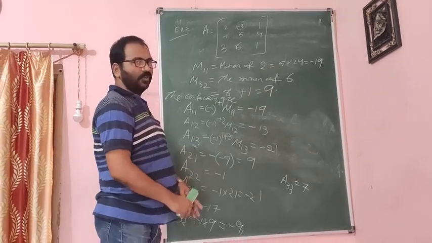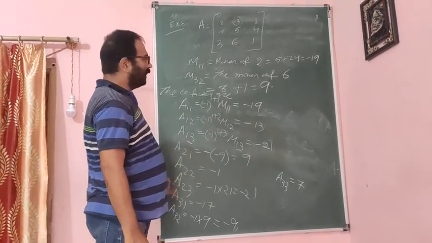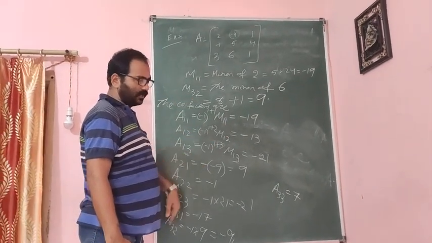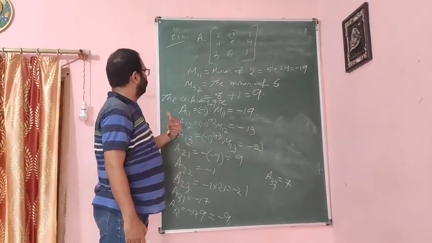Now we have to find the cofactor matrix. Then we have to change the rows into corresponding columns and the columns into corresponding rows.